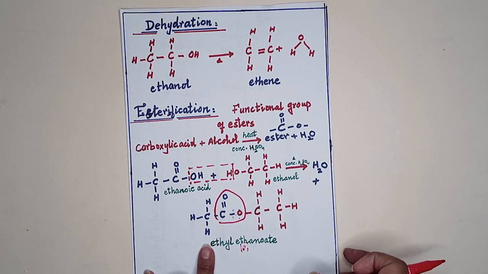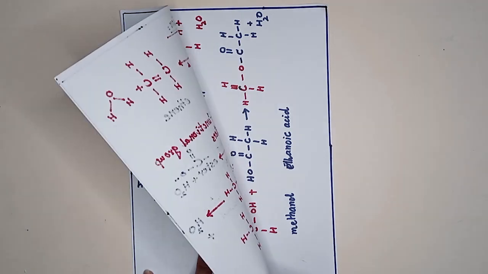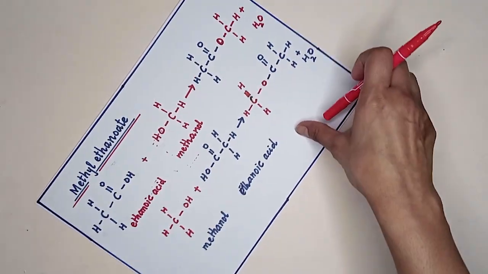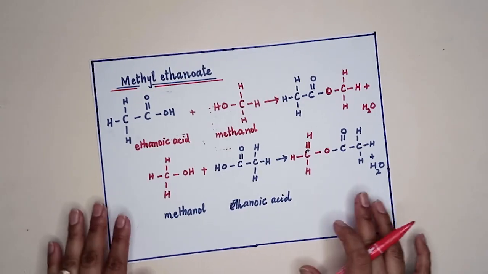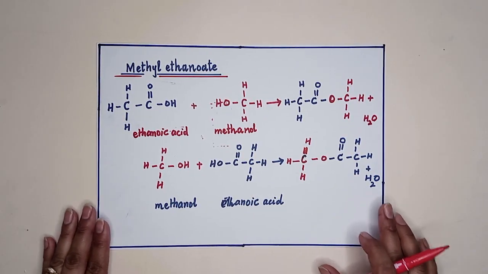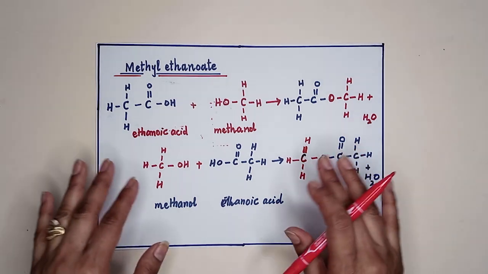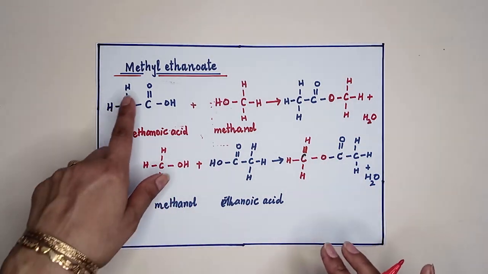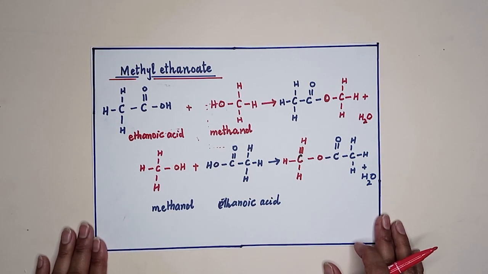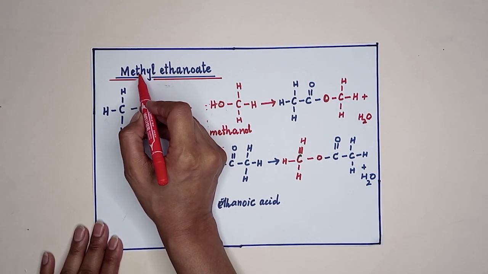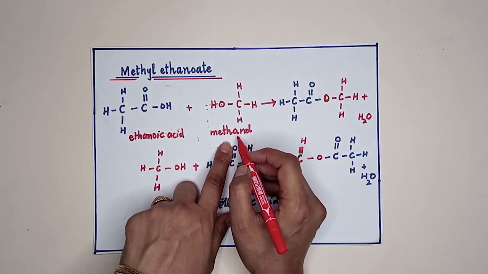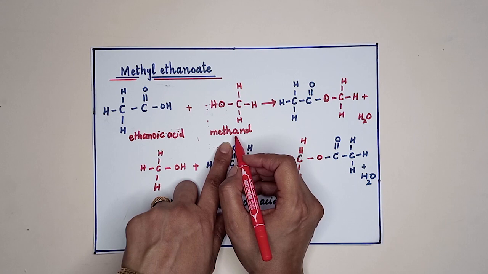So this is the way through which you can check that clearly. How will you prepare methyl ethanoate? Before that, you have to draw this structure. Pause the video and first draw it by yourself. Methyl is the part that comes from methanol, from the alcohol.